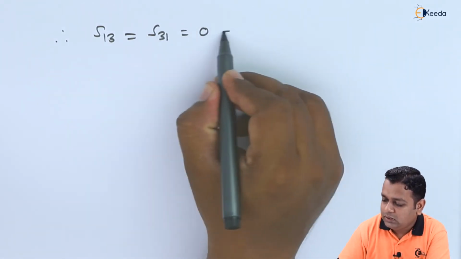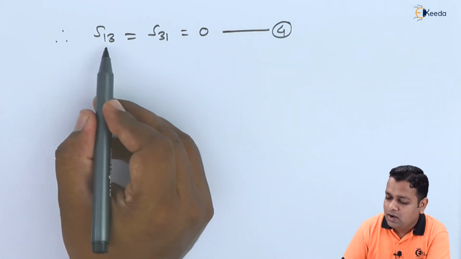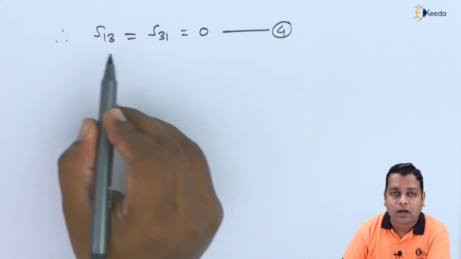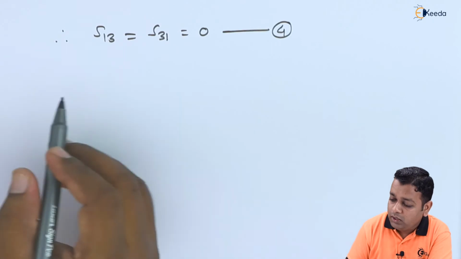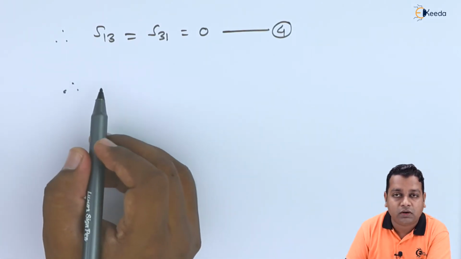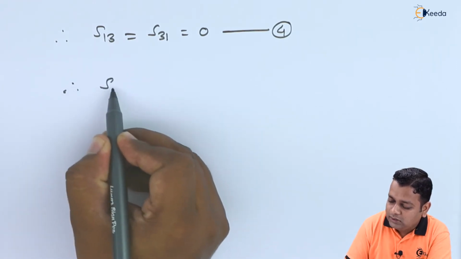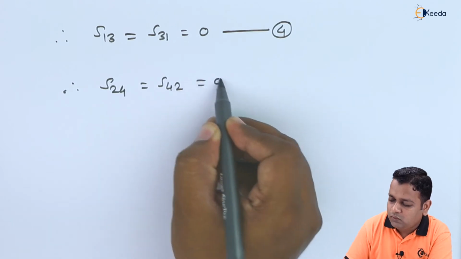Let us see this representation. Because the pair of ports 1 and 3, or 3 and 1, are isolated ports, these two values should be equal to 0. Ports 2 and 4, which we just talked about, are also isolated ports. Therefore we can write S suffix 24 equal to S suffix 42 equal to 0.